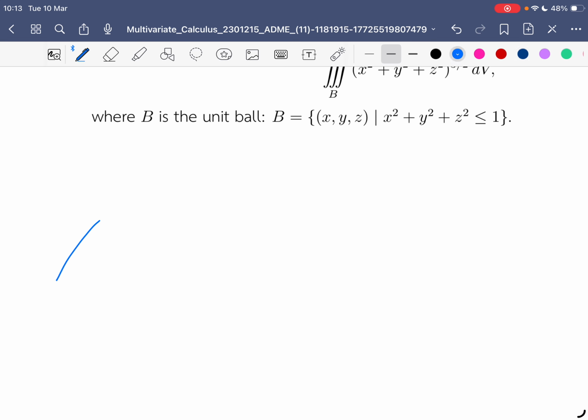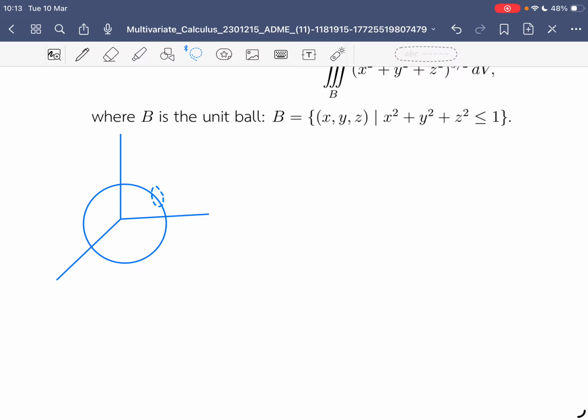And how do we measure the possible values of rho, theta, and phi? Let's do one by one. Your rho is going to be measured from the origin to the outermost shell.